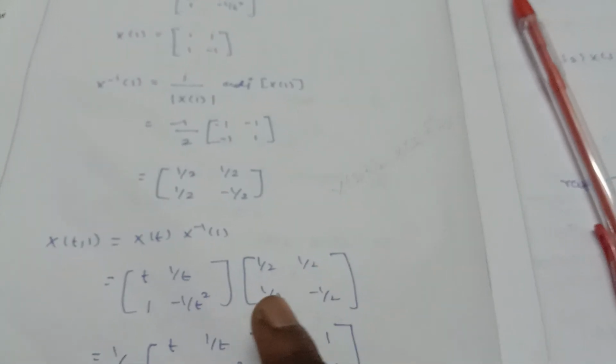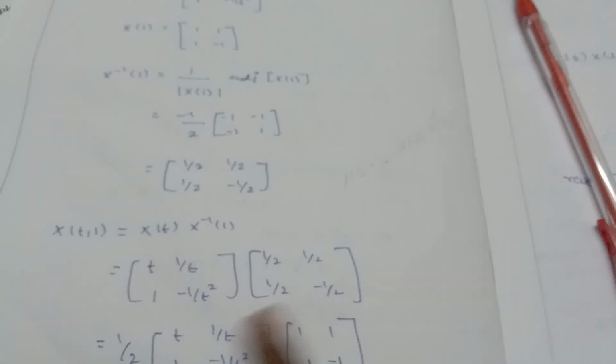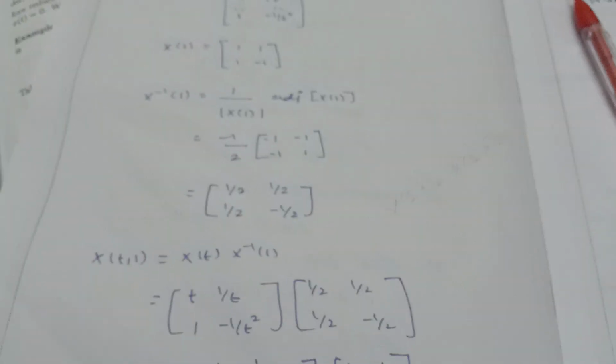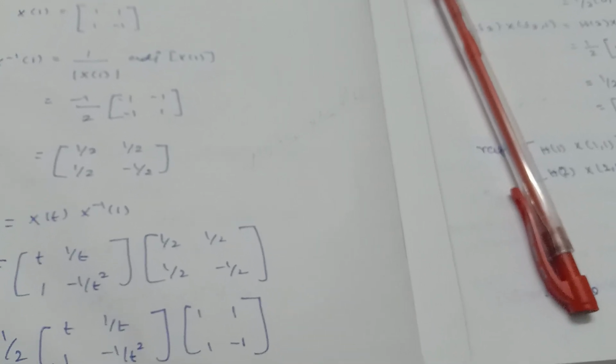X inverse is 1 by 2, 1 by 2, 1 by 2, minus 1 by 2. Taking 1 by 2 as common, we multiply and get t plus 1 by t, t minus 1 by t, t minus 1 by t square, and 1 plus 1 by t square.